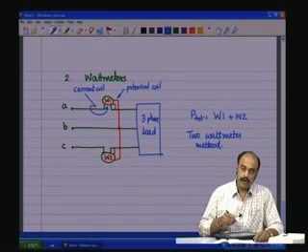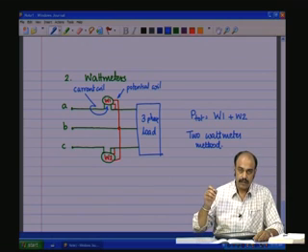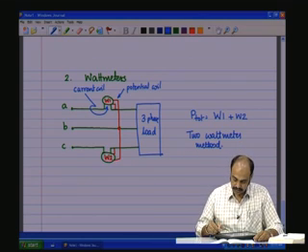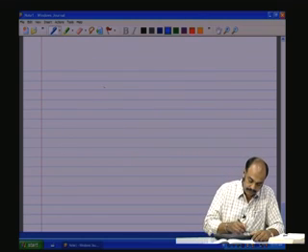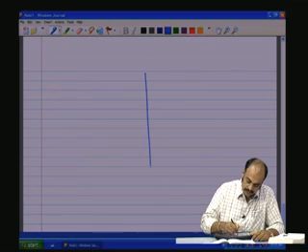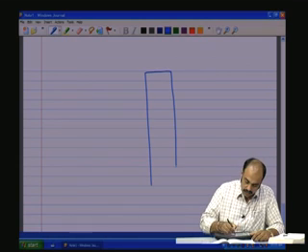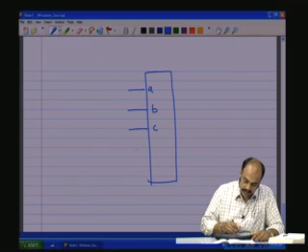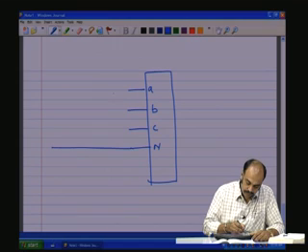In the case of 3-phase circuits where the neutral is also available, meaning 3-phase 4-wire systems, that is A, B, C and neutral, then with respect to the neutral we have wattmeters connected.